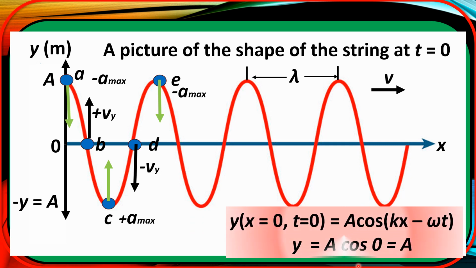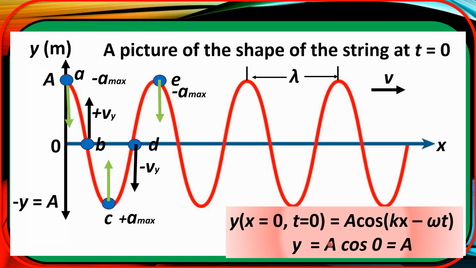For x equals 0 and at time equals 0, the y displacement of particle A is in fact equal to the amplitude capital A times the cosine of 0, which we know is equal to 1. So in short, the y displacement of particle A is just equal to the maximum displacement, exactly equal to the amplitude of the wave.